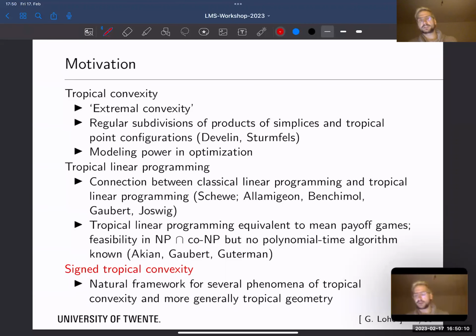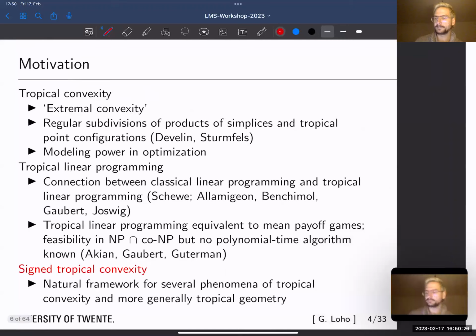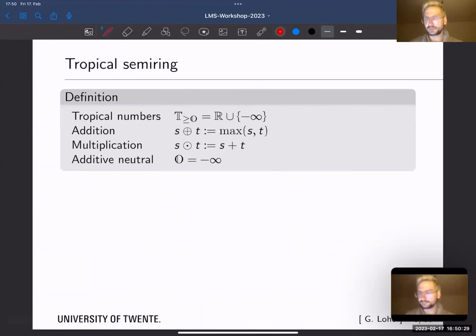And now I want to motivate sign tropical convexity, because I think this is actually an even more natural framework for several phenomena in tropical geometry, or let's say tropical convexity, but also more generally. Just to set the scene, I'm mainly talking about max-plus tropical geometry, and I will use these symbols for the sum and product being maximization and addition.